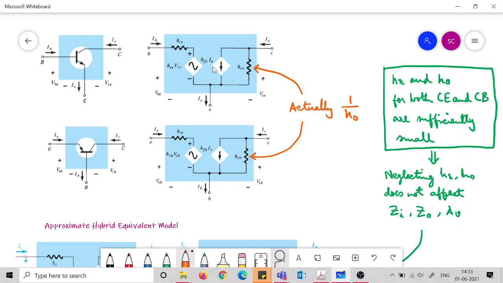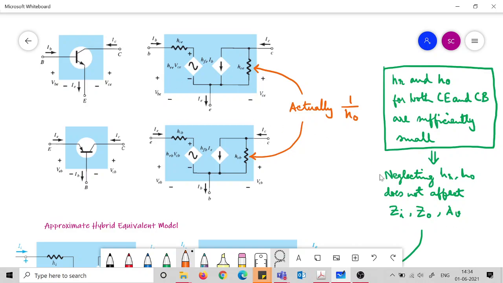Where are these HR and H0? You see, HR is here and H0 is here. H0 small means this resistance is quite high. HR small means this voltage between this point and this point is quite small. So we can neglect this HR and H0, and that does not affect the Zi, Z0 and AV of this two-port system. Remember, the two-port system will also have this Zi, Z0 and AV.